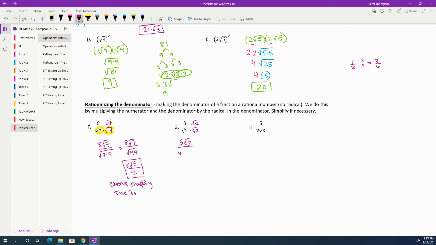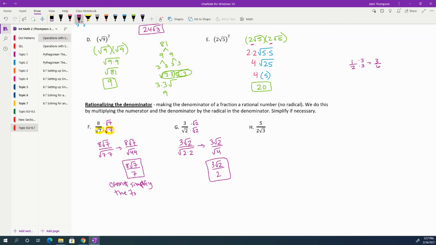And in the denominator, I have the square root of 2 times 2, which is the square root of 4. And what is the square root of 4? Oh, that's just 2. To reiterate, you cannot simplify those 2s.